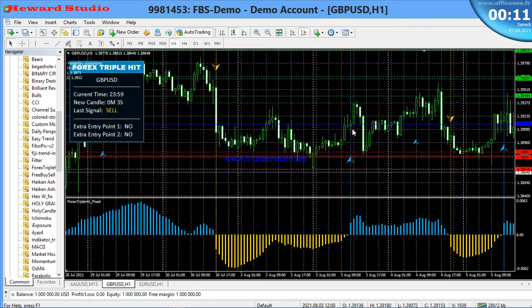Look, here was buy, here was buy, but here was not able to hit the resistance. It came down and it went to hit it at this particular point. So patience is the key in this. That is one. Patience is the key.